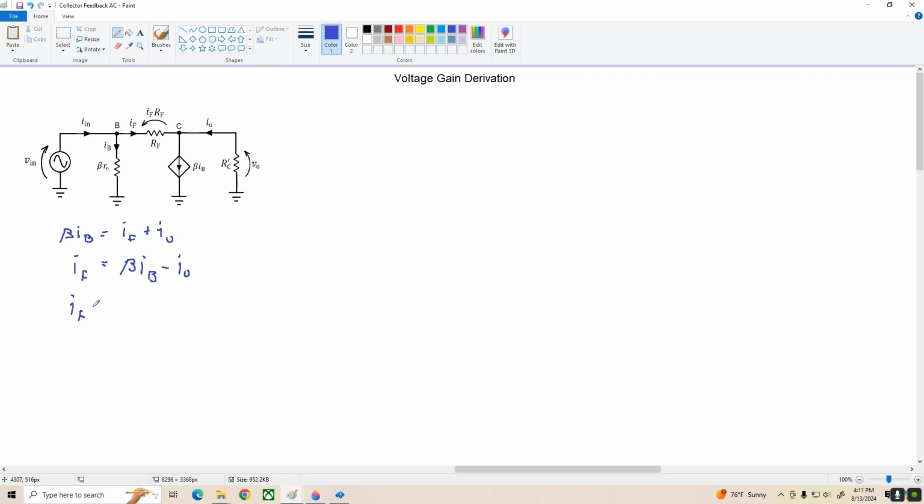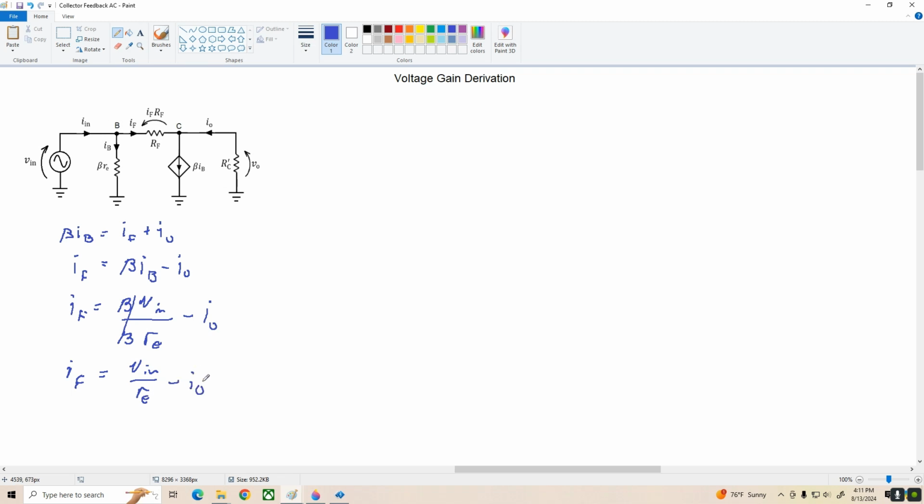I sub F equals beta times Vn divided by beta times little re minus I sub O. And the betas cancel, so our feedback current I sub F is equal to Vn over little re minus I sub O.